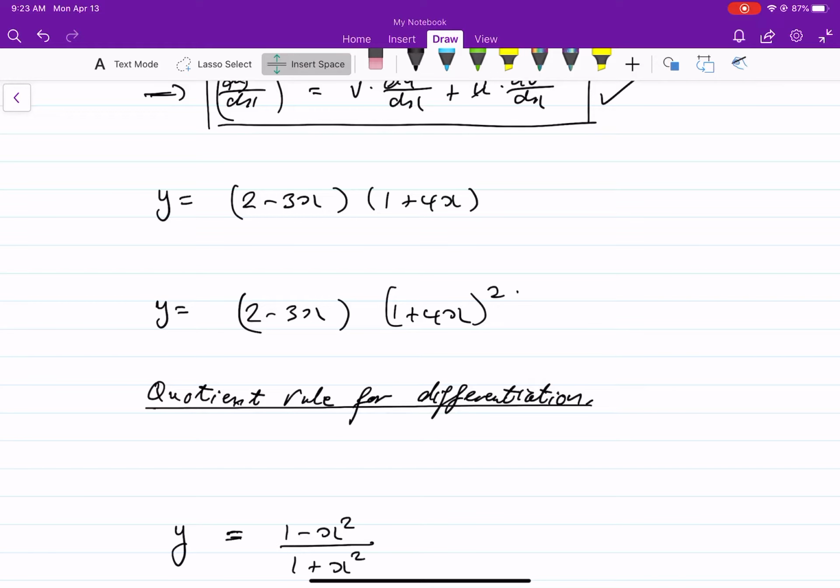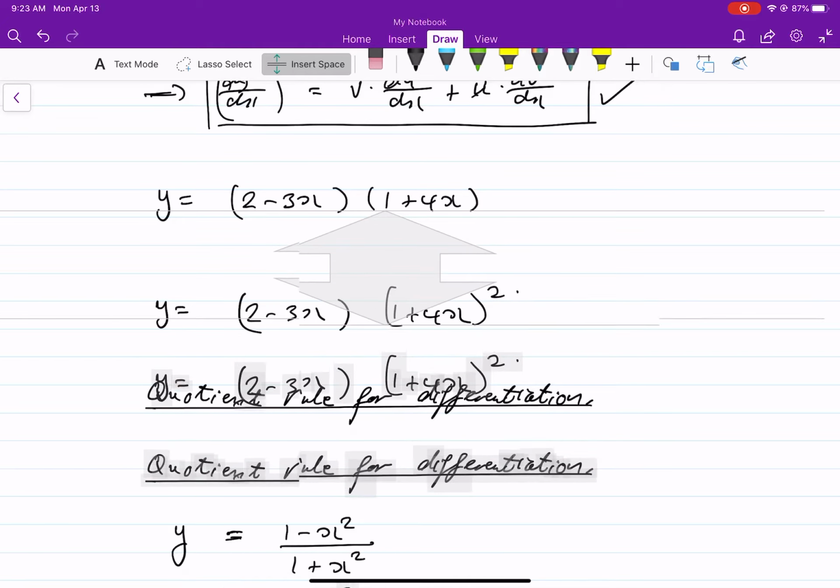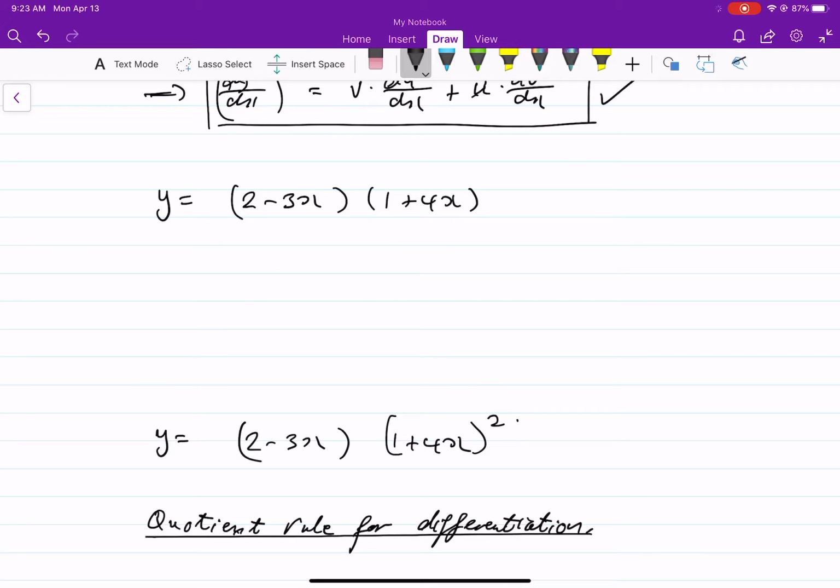But I'll probably use the expansion as well to compare the two methods. As the functions become a little more complex, you're starting to see that there may be more than one way to differentiate your function. So let me use the product rule.